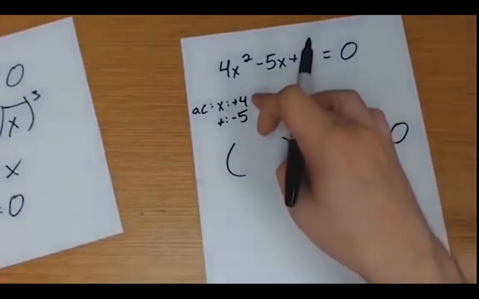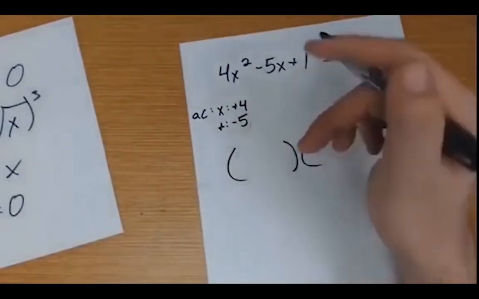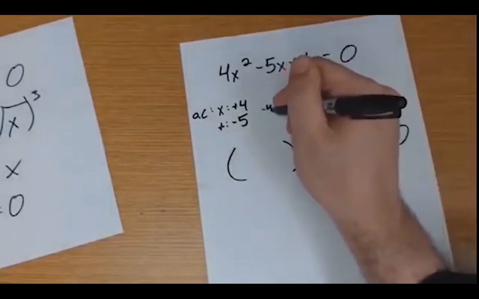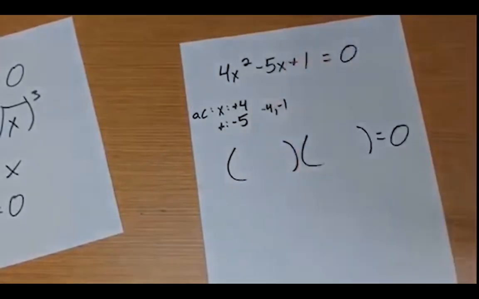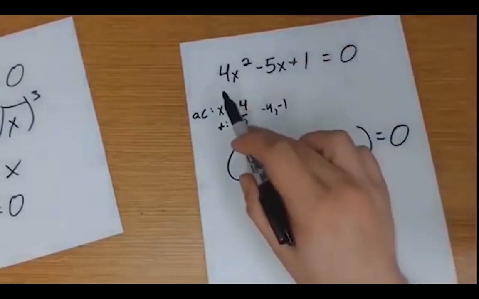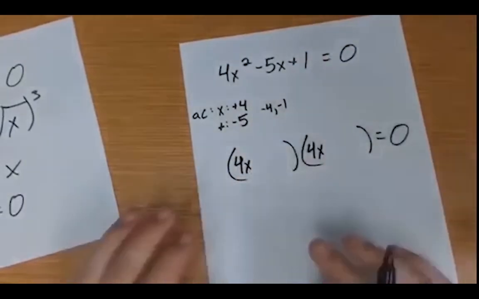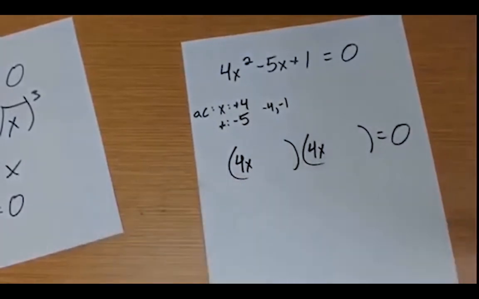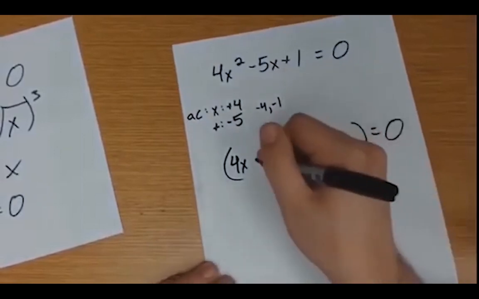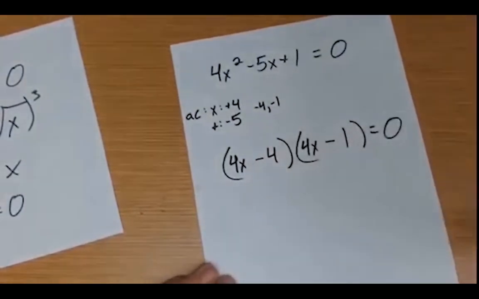So the numbers that multiply to 4, add to negative 5, are minus 4 and minus 1. What do we have here? 4x squared. So let's put 4x and 4x. Yes, I know that that's 16x squared, but bear with me. Our numbers, -4 and -1, we're going to put them right in.